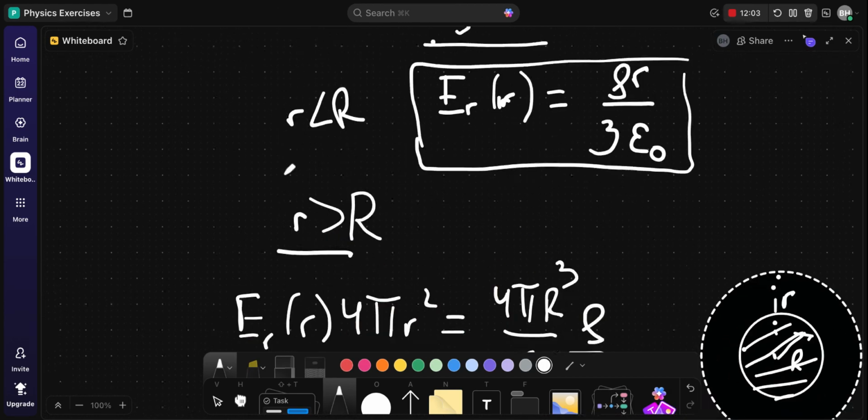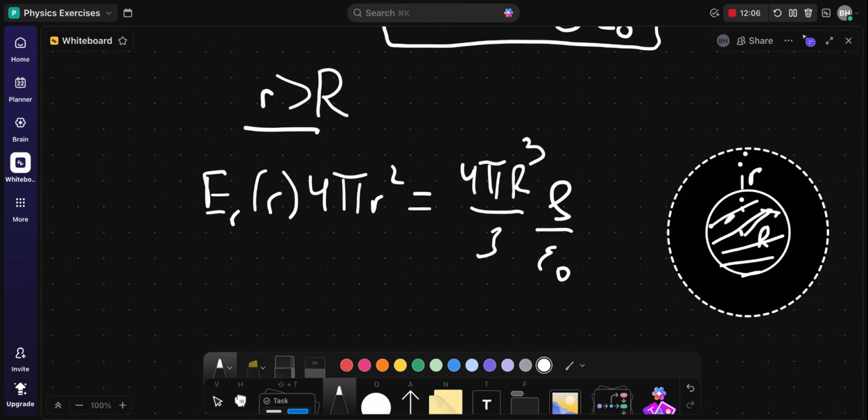On the other hand, here in this part, small r is greater than capital R, and all of the charge on the sphere is enclosed within the Gaussian surface, because the Gaussian surface is this one. That's the Gaussian surface, and this here is the surface of the object itself, the surface of the sphere.